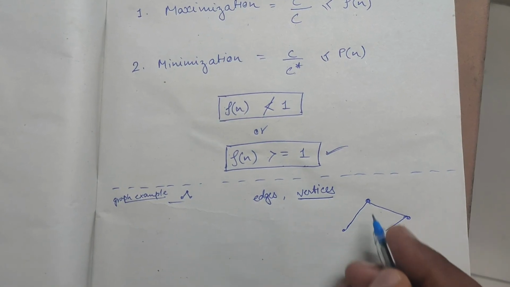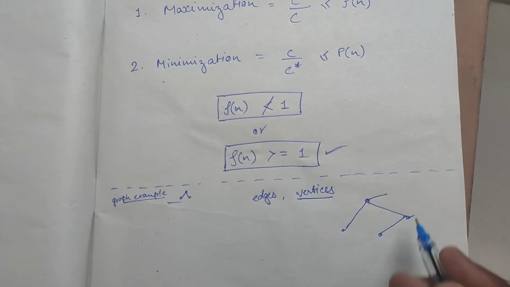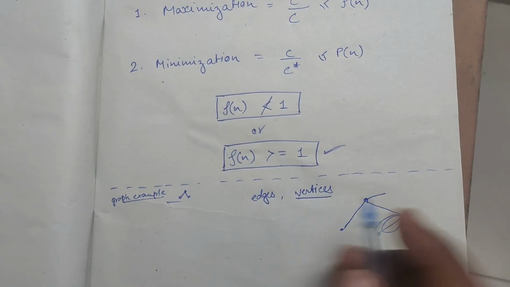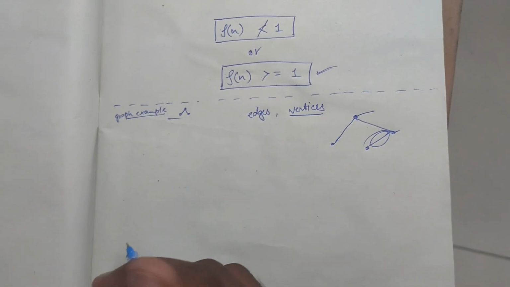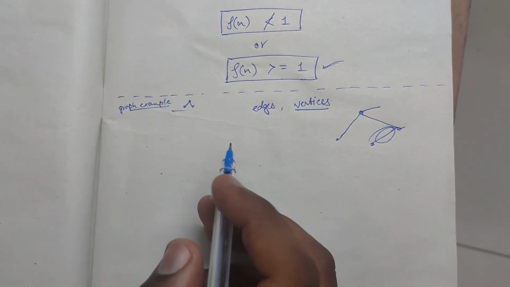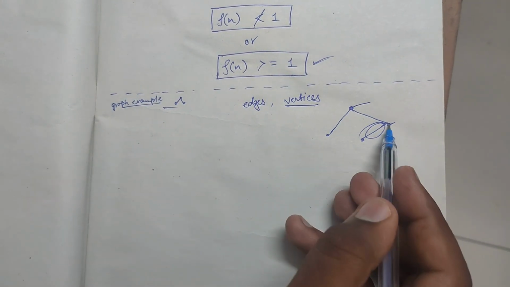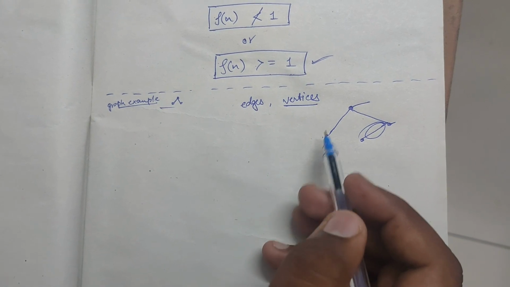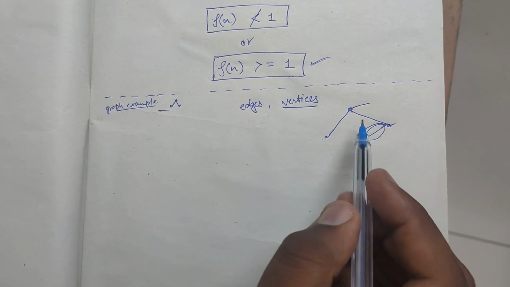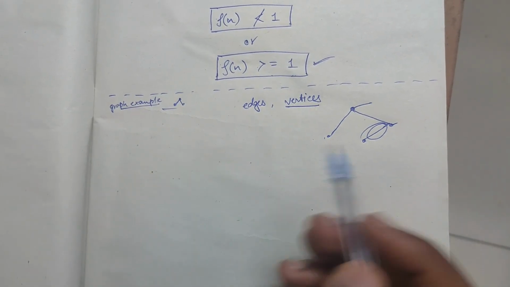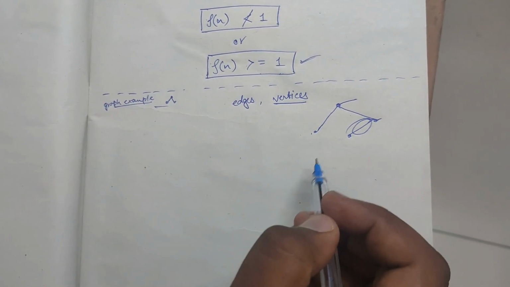So this is a graph, these are the vertices and these are the edges. The vertex cover problem says that you have to select the minimum number of vertices so that you cover the whole graph, that means you cover all the edges using the minimum number of vertices.